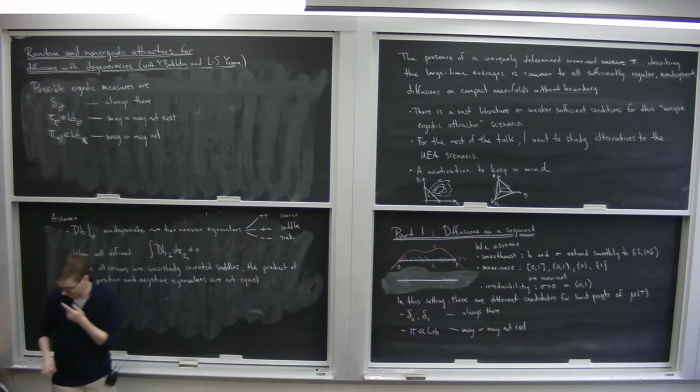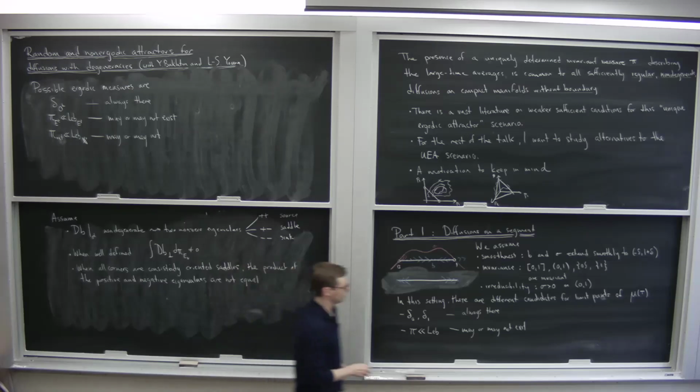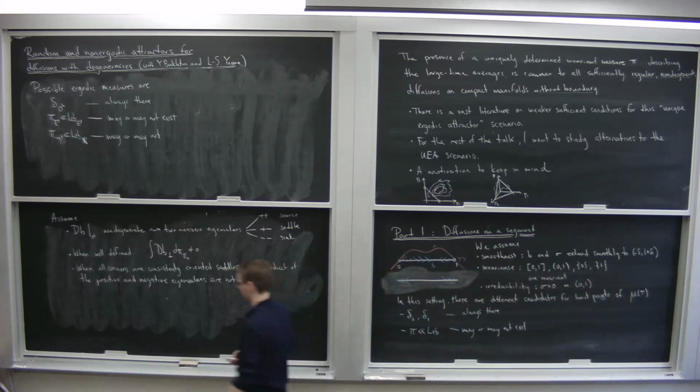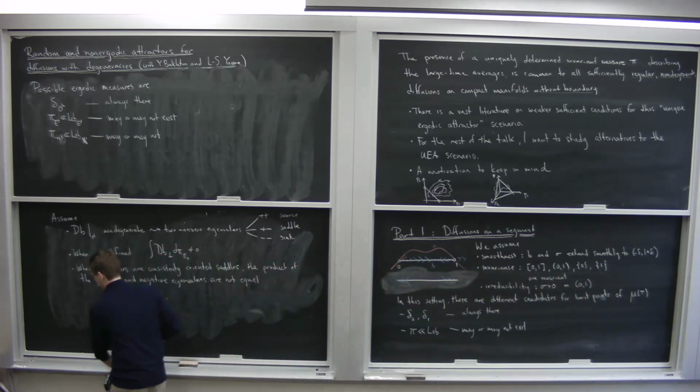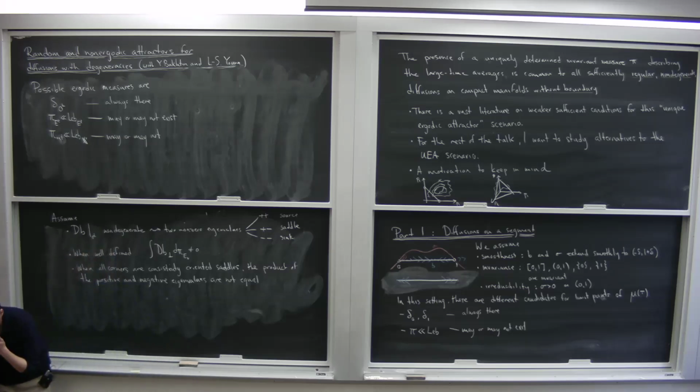I'm saying if it happens that all corners are saddles that are consistently oriented, meaning something like negative, positive, negative, positive, like this, the linearizations of the vector field is made of saddles. The eigenvalues corresponding to these saddles are not perfectly tuned. Okay. So that's another sort of generic assumption that avoids some behavior. Okay.